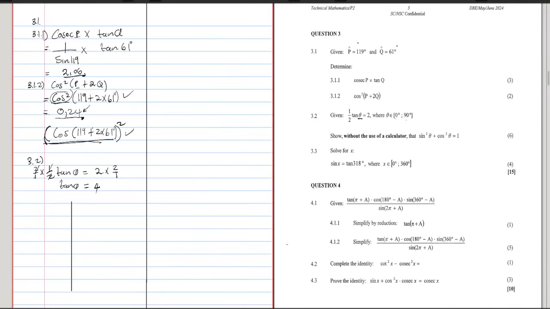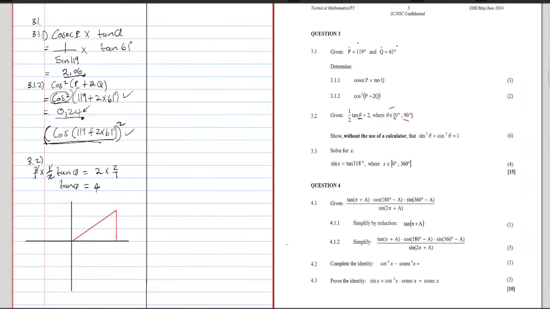Using a diagram, we can do this. Since tan theta is between 0 degrees and 90 degrees, it means that the triangle with angle theta should exist in the first quadrant, like this.